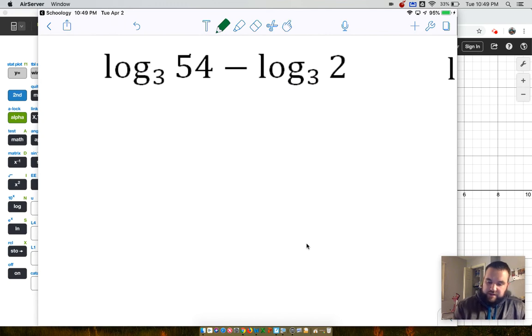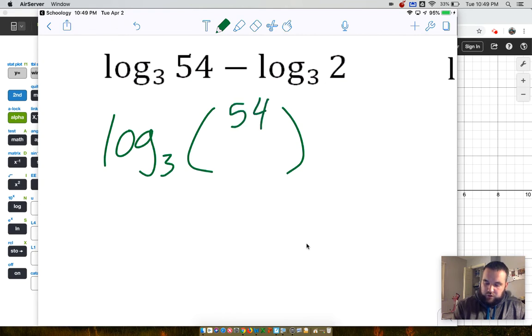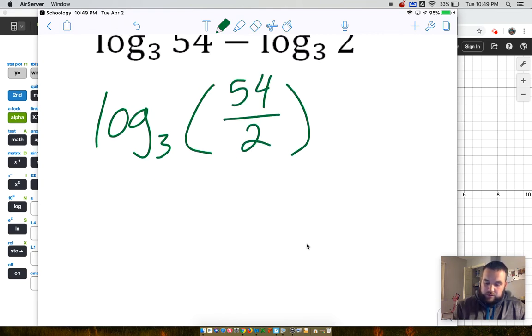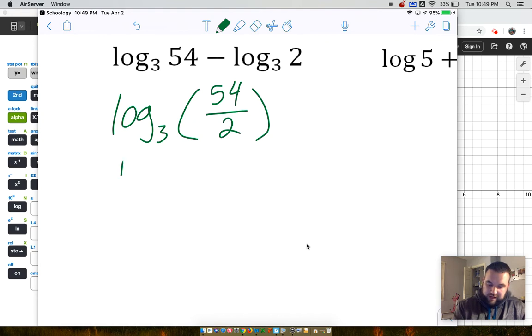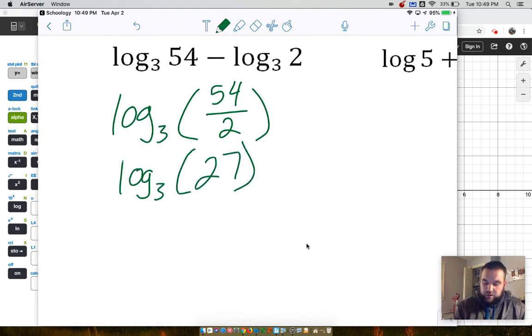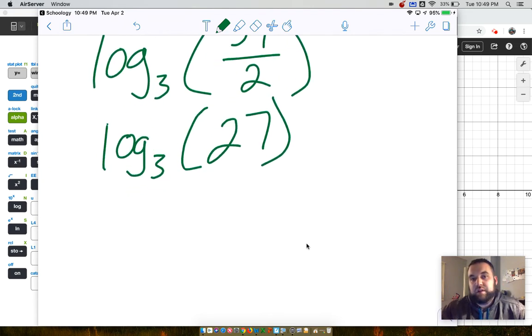So if I see log base 3 of 54 minus log base 3 of 2, again, because it's subtraction, I can write this as a single logarithm of 54 divided by 2. That can be rewritten as log base 3 of 27. And then anytime you have a logarithm, if you can evaluate it, we want to.